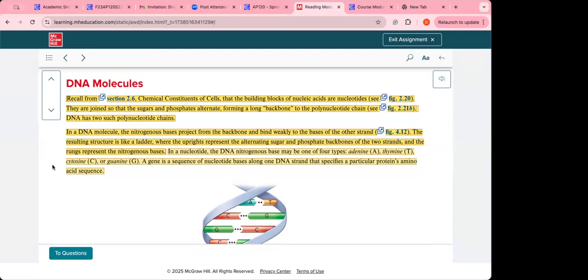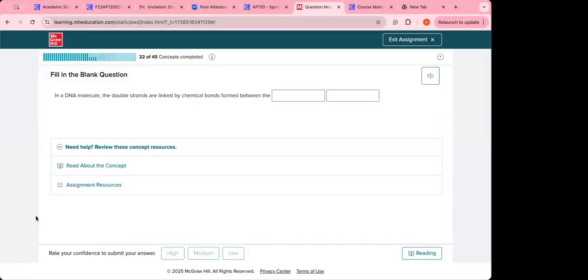Okay, I'm not sure, I think they want sugars and phosphates. Let's take a look and see if that's what they want. Either that or it's nitrogenous bases.